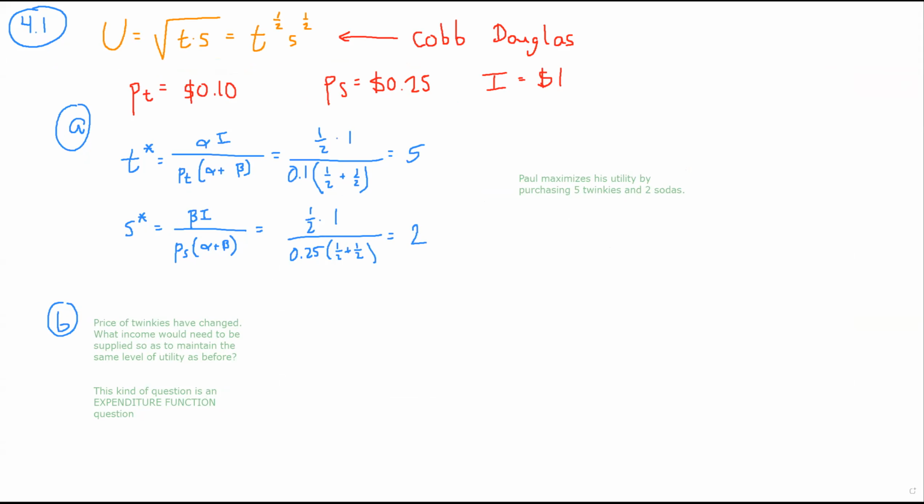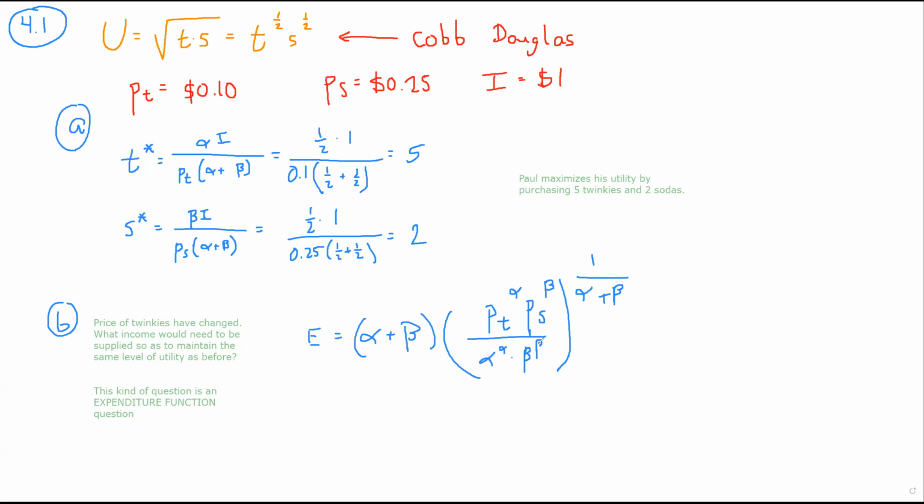Okay, so we have alpha plus beta times price of t to the alpha, and price of s to the beta, to the 1 over alpha plus beta, divided by alpha to the alpha times beta to the beta.